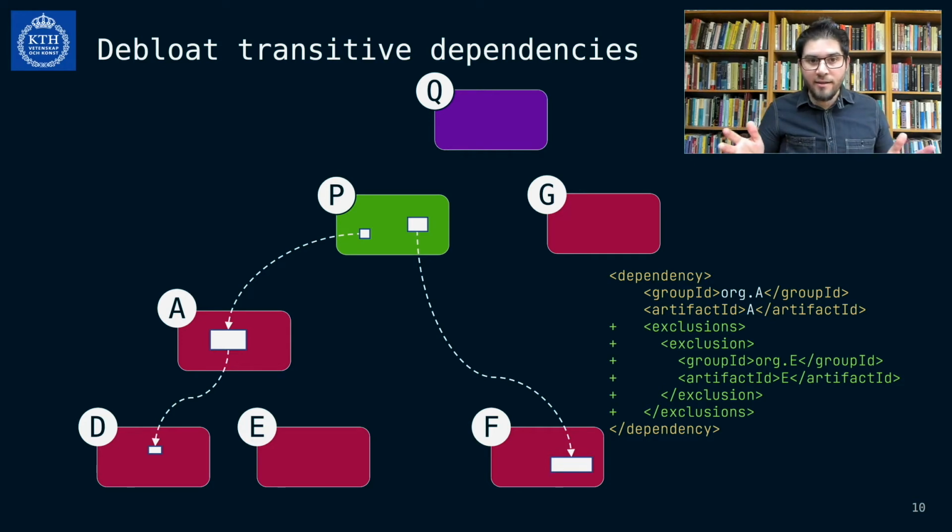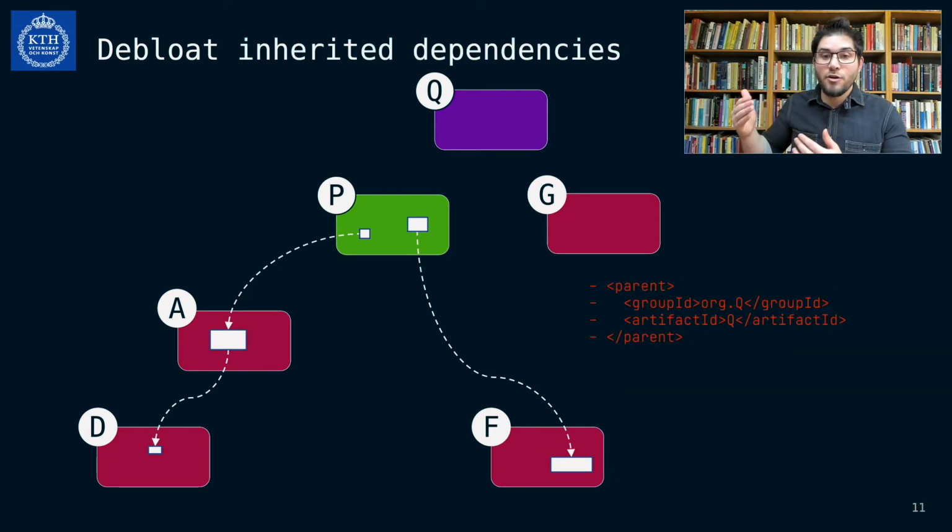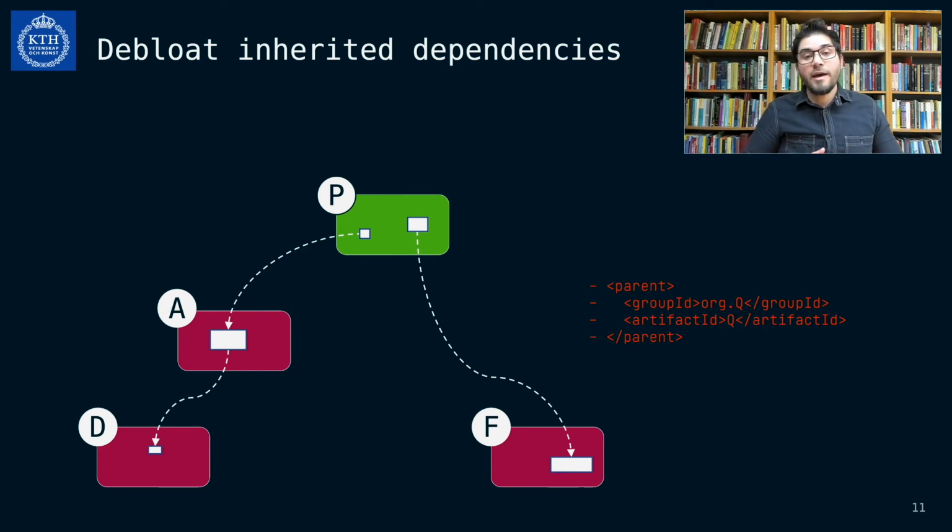On the other hand, DepClean reports that the parent module Q of P, as well as the inherited dependency G, are not necessary. In other words, there are no bytecode calls from P to any of them. So the developers of P can remove this parent declaration from the POM if they want to.